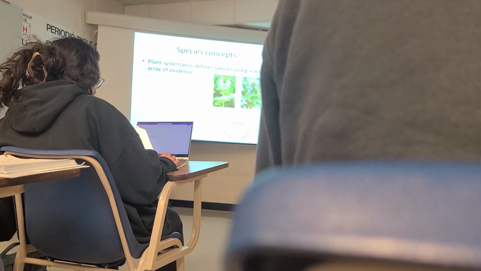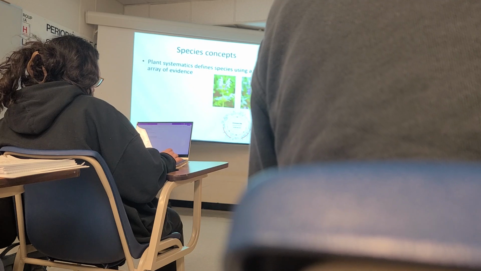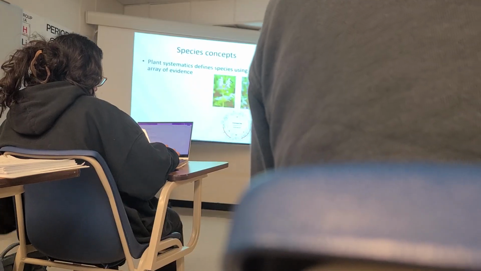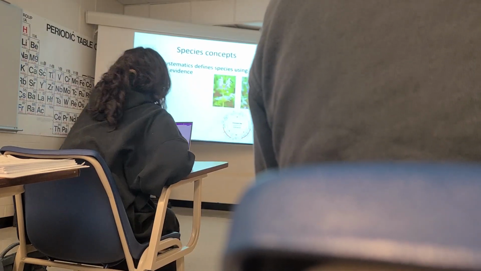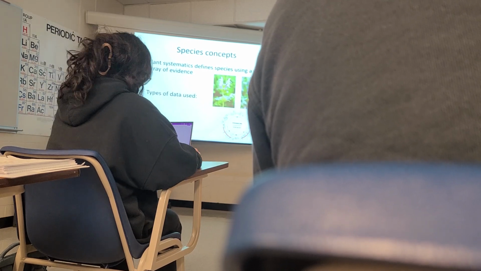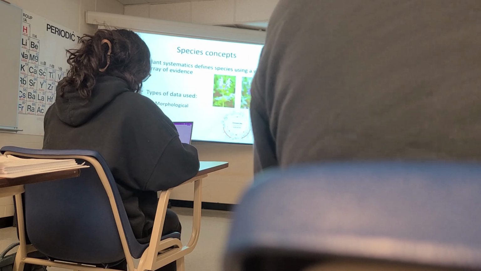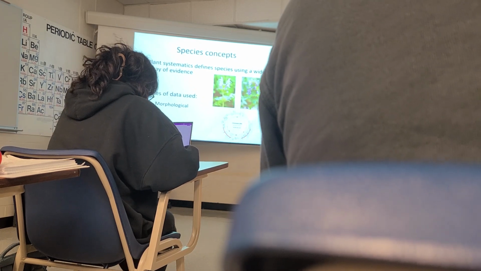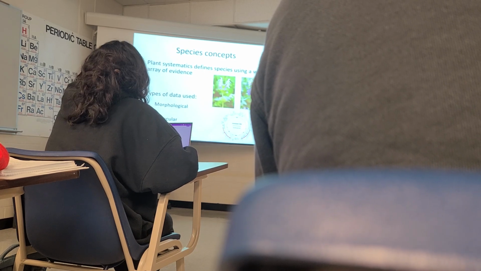Right? So you'll see that species are defined in different ways sometimes with plants. And you can use a lot of different types of data to figure it out. So plant systematics defines species using a wide array of evidence. It sometimes uses morphological data, the appearance, the anatomy, the structure of the plant. But sometimes, and what we're starting to see now, is you use molecular data.